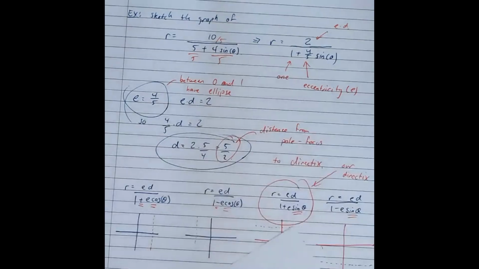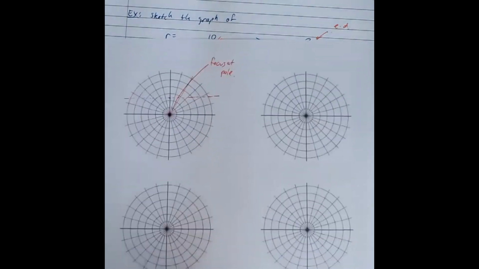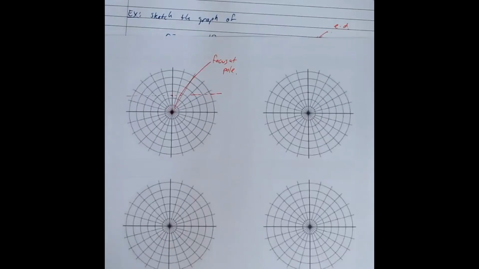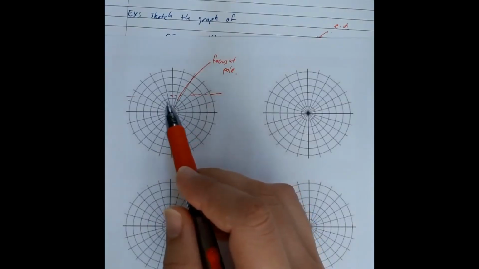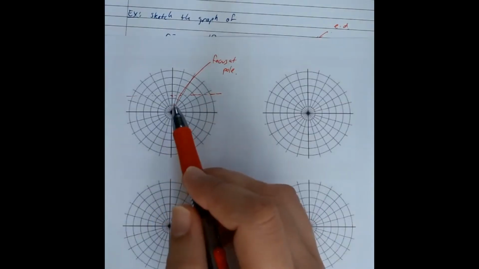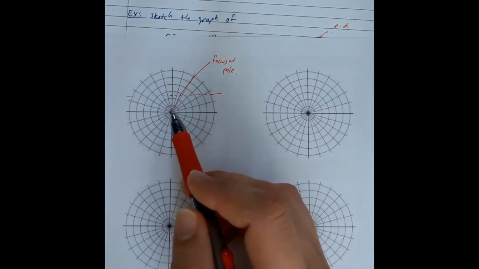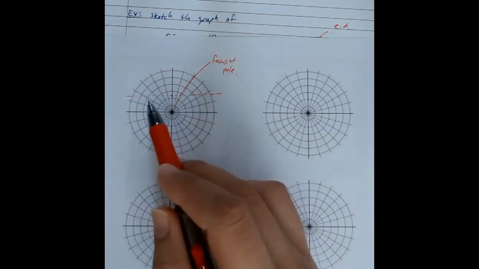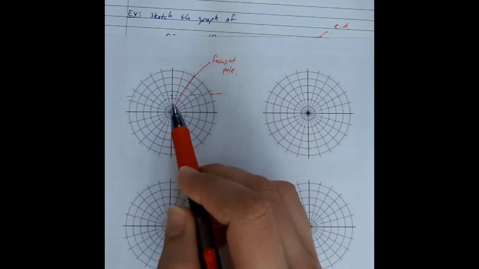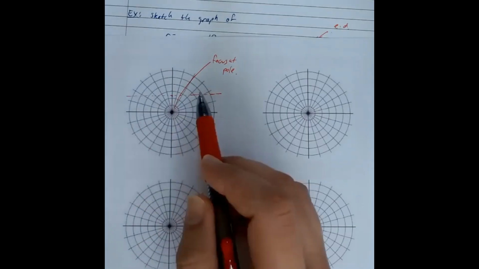Whenever you're graphing a conic, your conics will never cross their directrix. They're not asymptotes exactly because the graph won't follow them, but your graph will be bound by this. It won't ever cross these. And at least one part of your graph will cross in between the pole and the directrix.